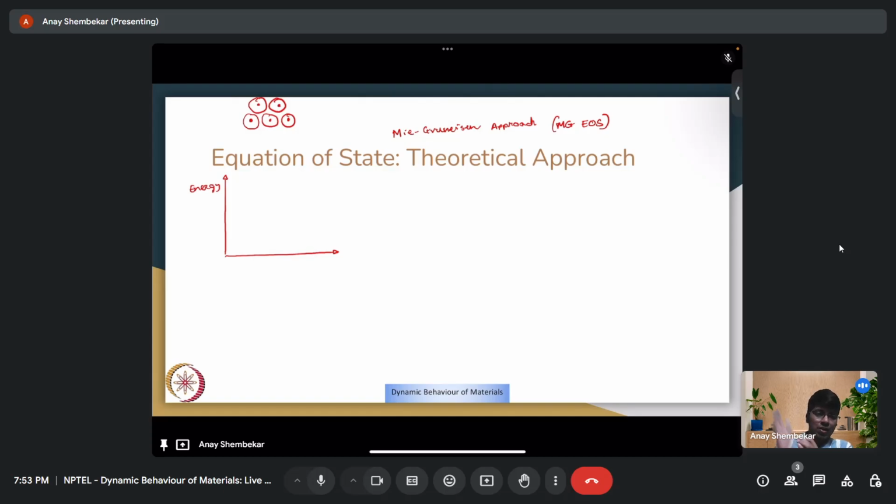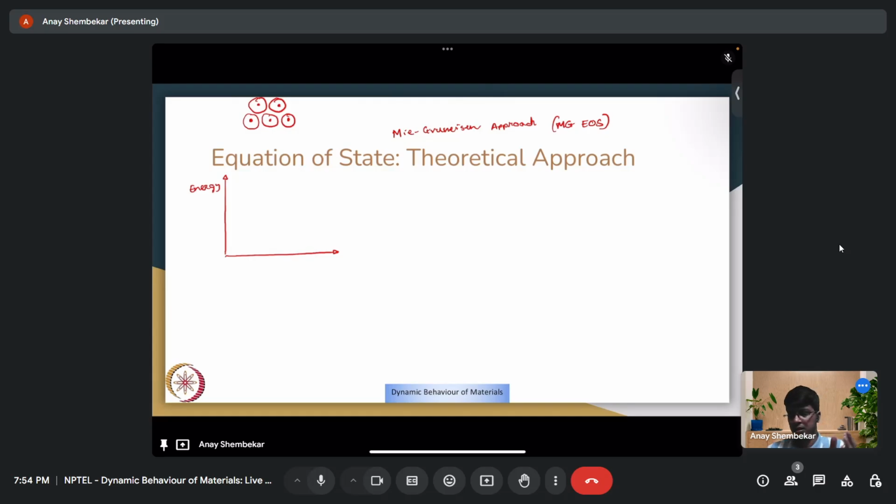That will lead to an increase in potential energy. Similarly, when they are too far away, there will be some mutual forces of attraction, like van der Waals, I think.